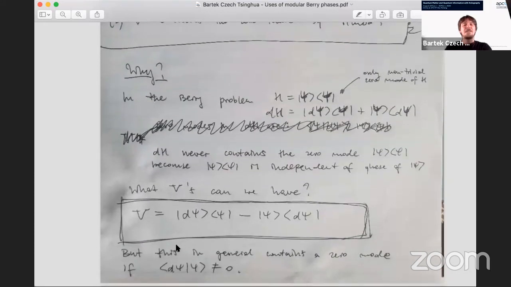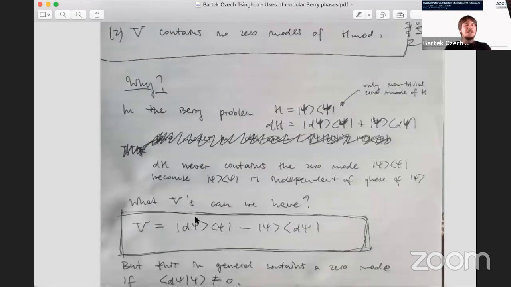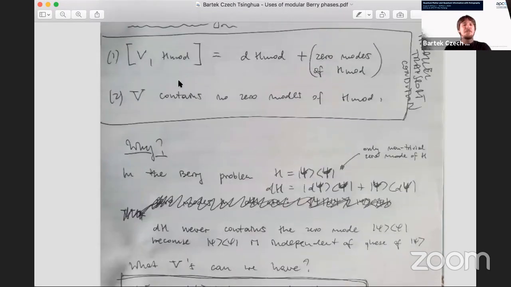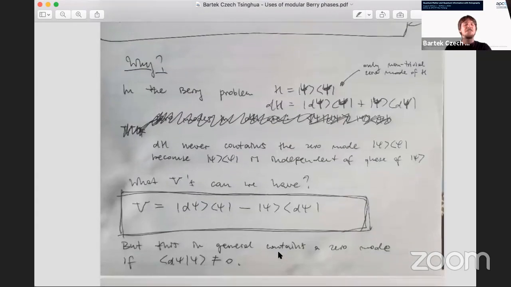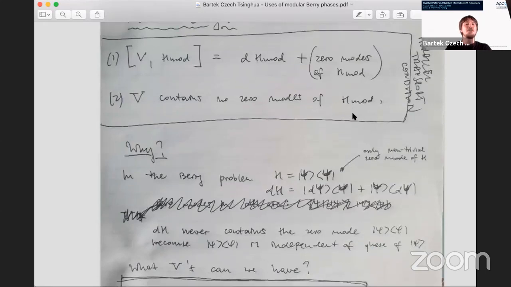So this tells me that when I write down some attempted solution to equation 1, for a general psi, I may have a solution to equation number 1, but in general I will not solve equation number 2 because V might in general contain some zero modes of H. So there must be some extra condition that would ensure that this V can satisfy condition 2, which is that it should contain no zero modes of H. What condition would that be?